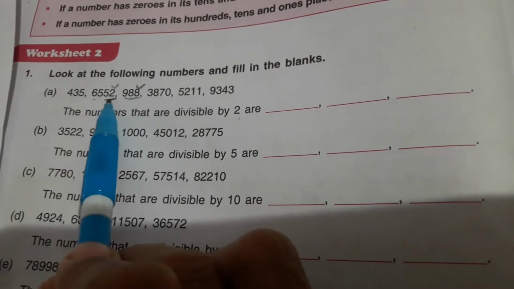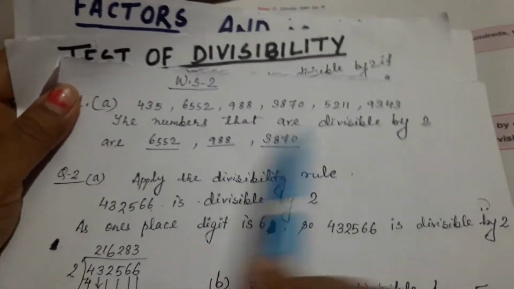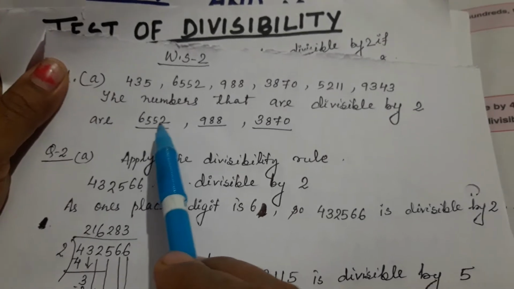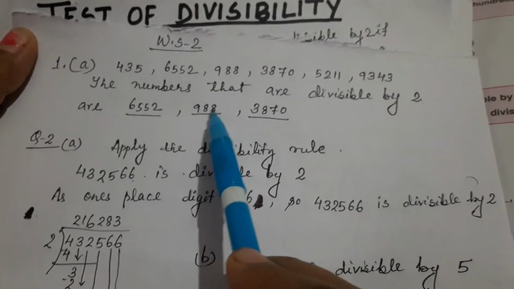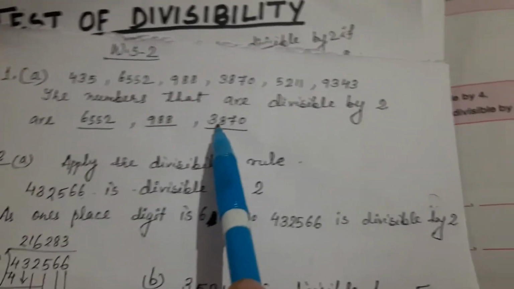This ones place digit is 8, this one 2, here 0. I have written the answer here. The numbers that are divisible by 2 are 6,552, 988, 3,870. Like this, you have to do these questions.